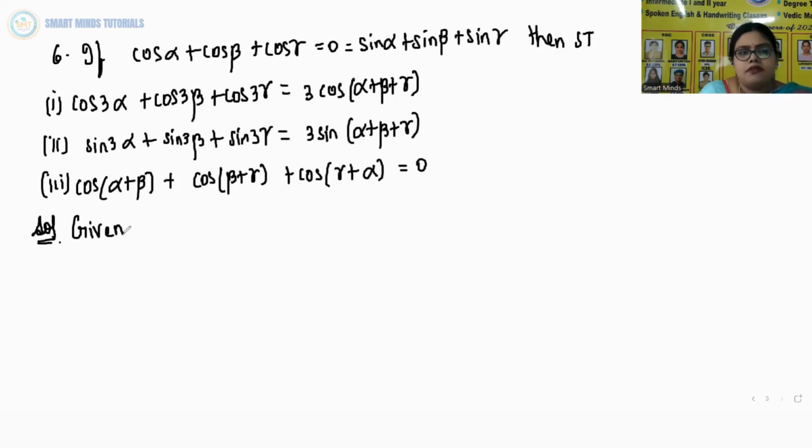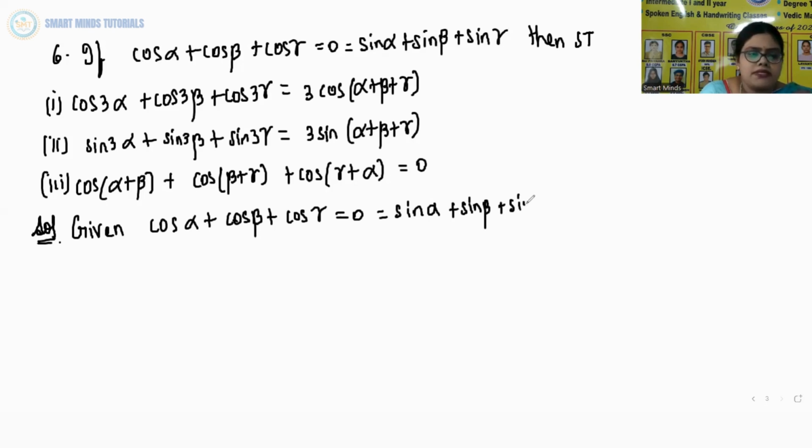First, we'll write what is given to us. Cos alpha plus cos beta plus cos gamma is equal to 0, and that is equal to sin alpha plus sin beta plus sin gamma.